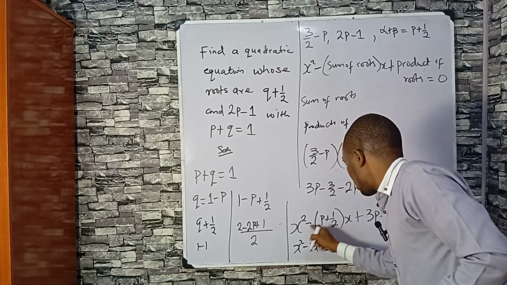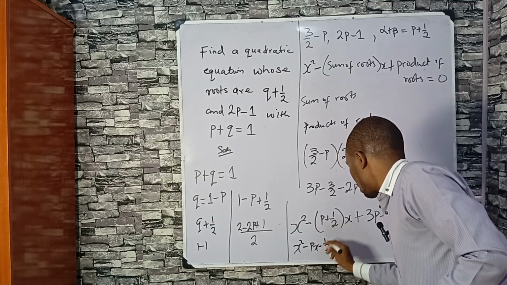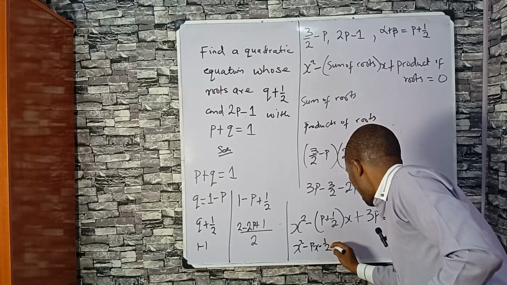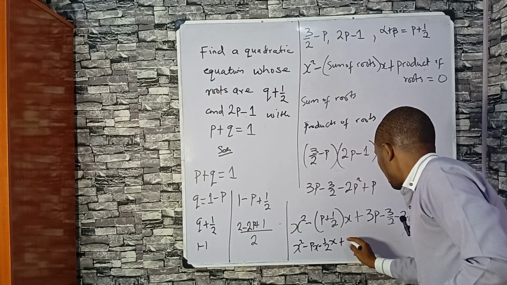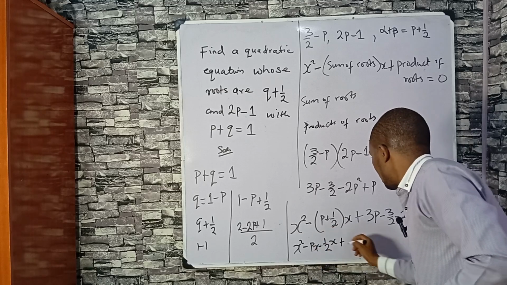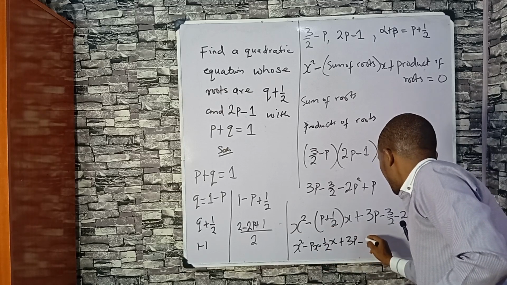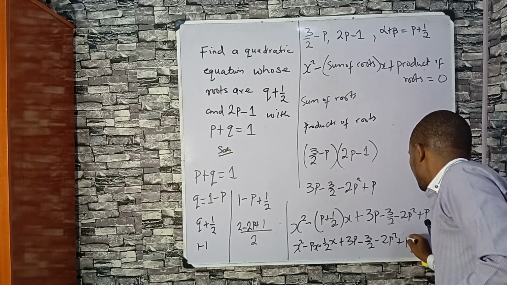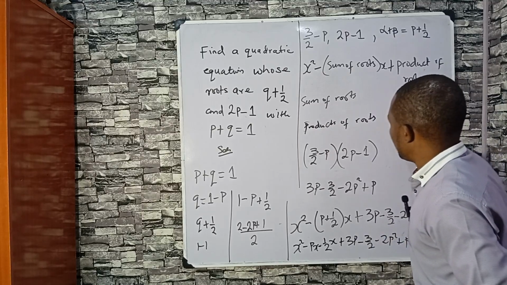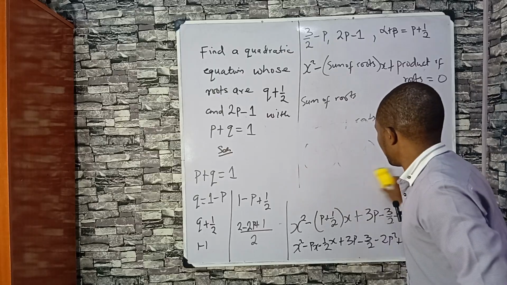Let's do it again: minus p, and minus a half, coming with x, then plus 3p minus 3 divided by 2 minus 2p squared plus p. The equation is lengthy, but we are going to do it.